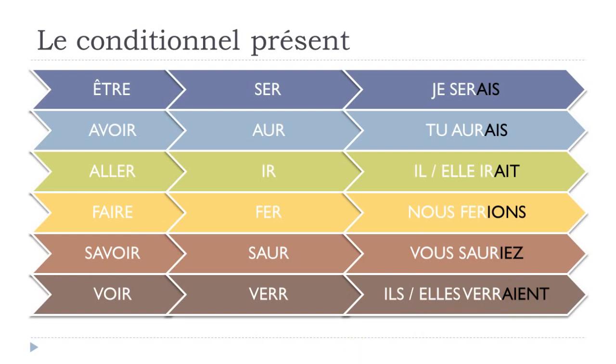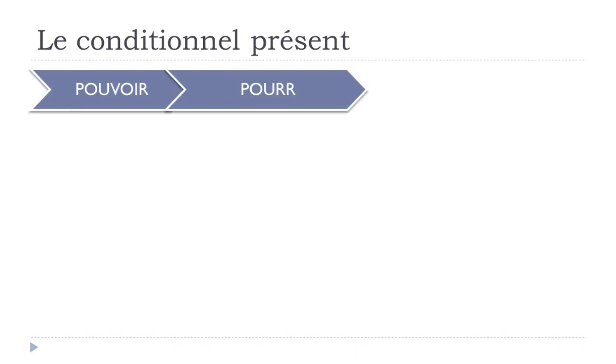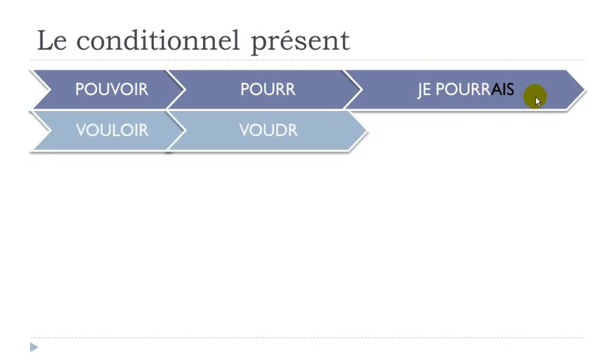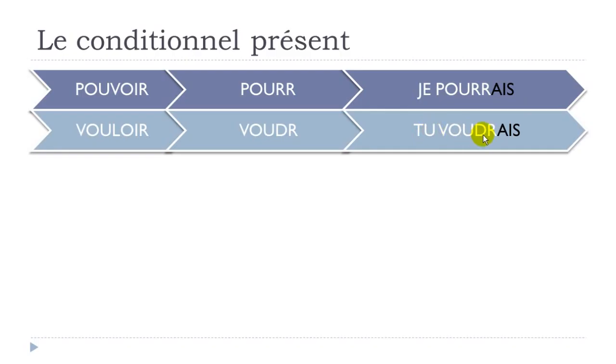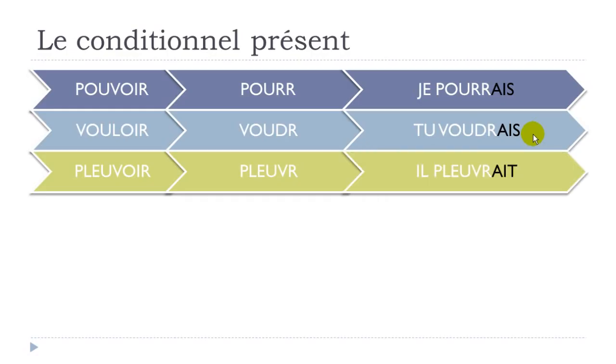Alright, so one more list of exceptions. Pouvoir will become pourr. Je pourrais. Vouloir will become voudr. Tu voudrais. Pleuvoir will become pleuvr.